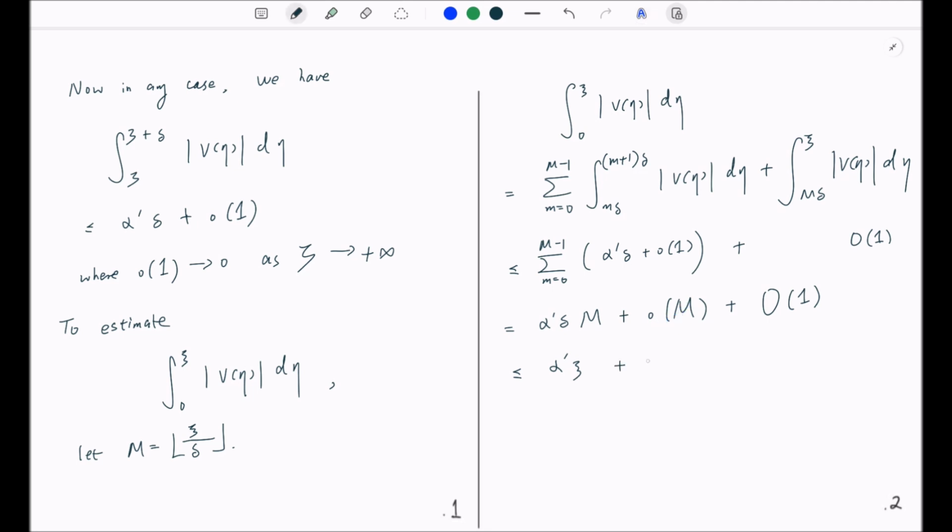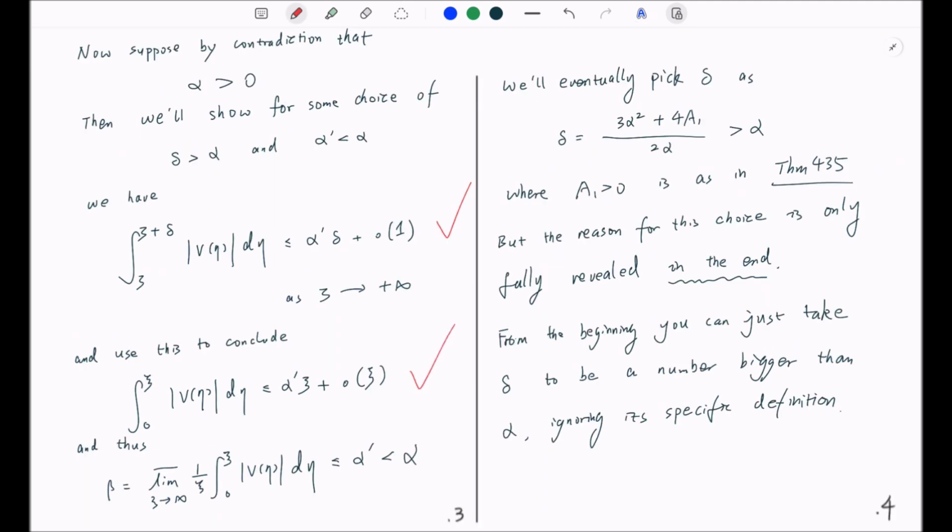So this is also little o of psi, as psi goes to infinity. But big O of 1 as a bounded number is also little o of psi. So you can merge these two together. And with this, we finish the proof of our second goal.